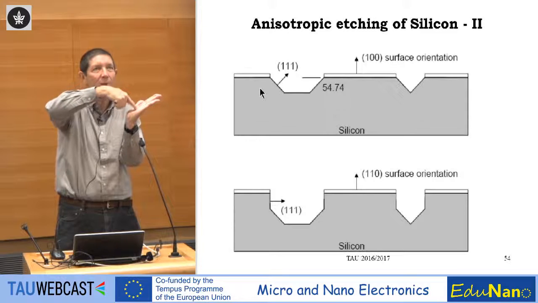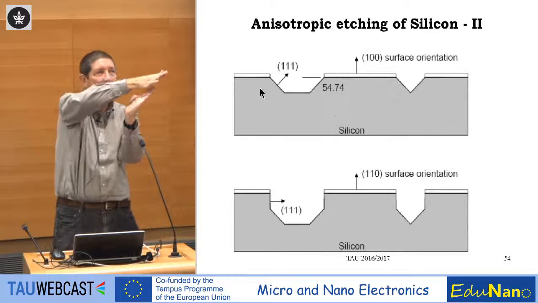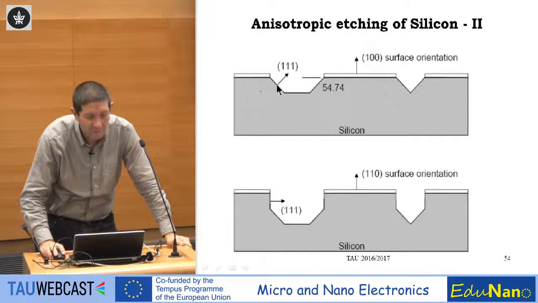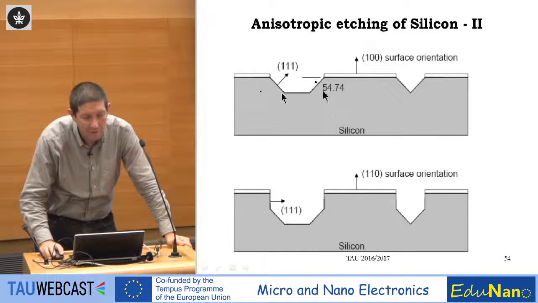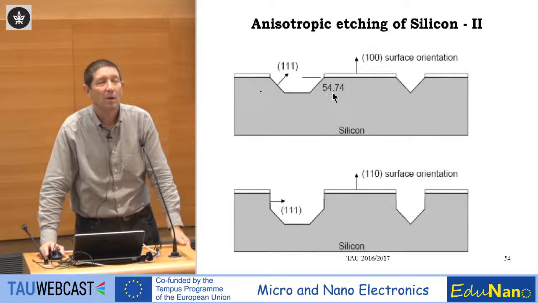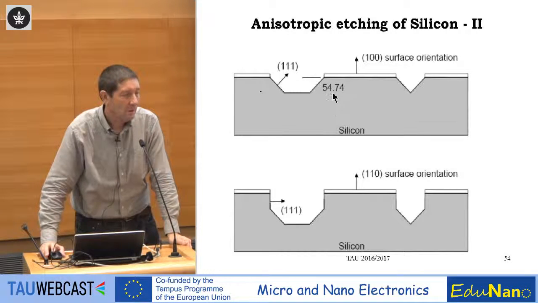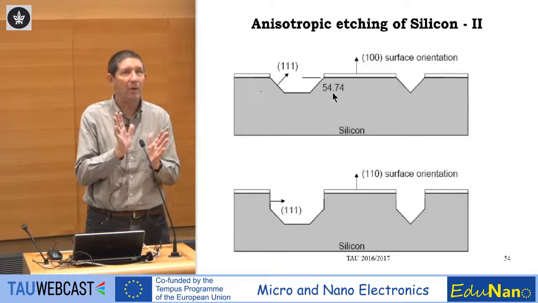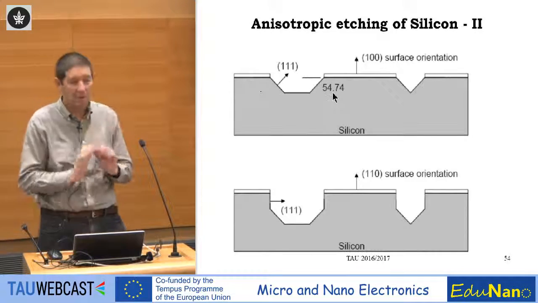So we are practically etching parallel to the 111. So we have this sloped structure, where the angle here is 54.74 degrees if you do some geometry of the crystal lattice of silicon. This is the angle between the 111 and the 100 planes.